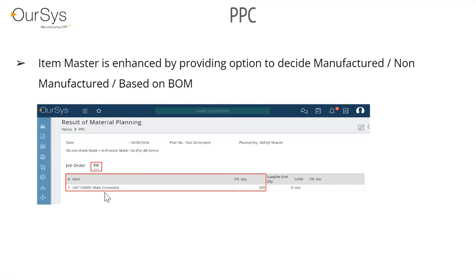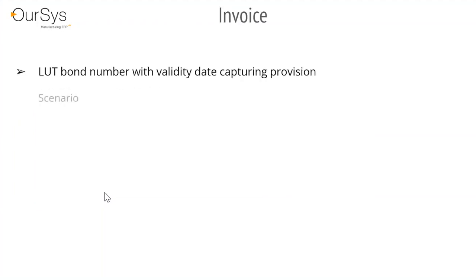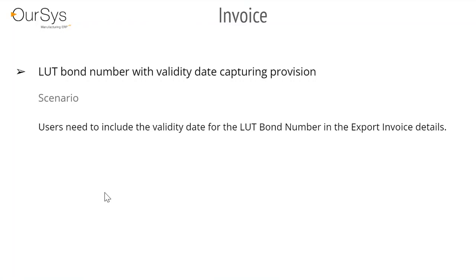Now, moving to the next section, that is invoice. LUT bond number with validity date capturing provision. In the export invoice detail, the user needs to add the expiry date for the LUT bond number. This means you should include the date when the LUT bond number will no longer be valid.